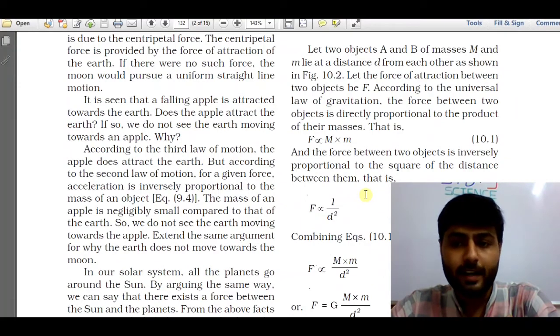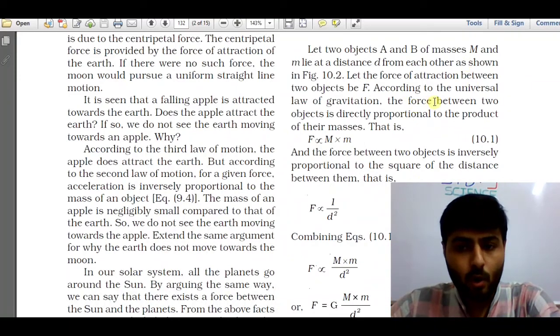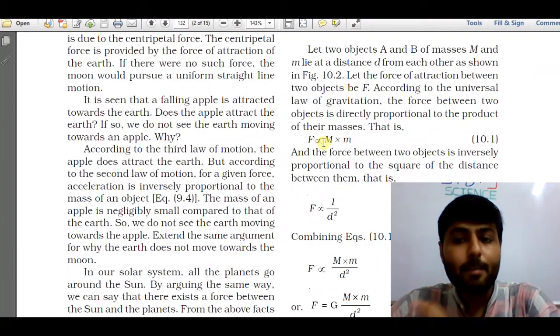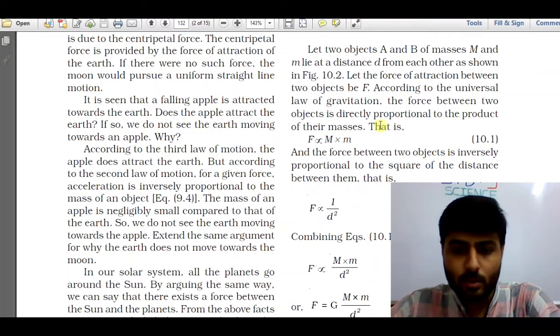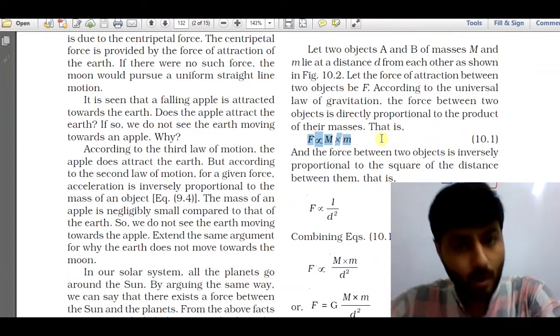Let the force of attraction between the two objects be capital F. We assume that there is a force between these two objects, that is capital F. So according to the universal law of gravitation, this force is proportional to the product of their masses. Product means multiplication. So here we write F is directly proportional to capital M into small m.